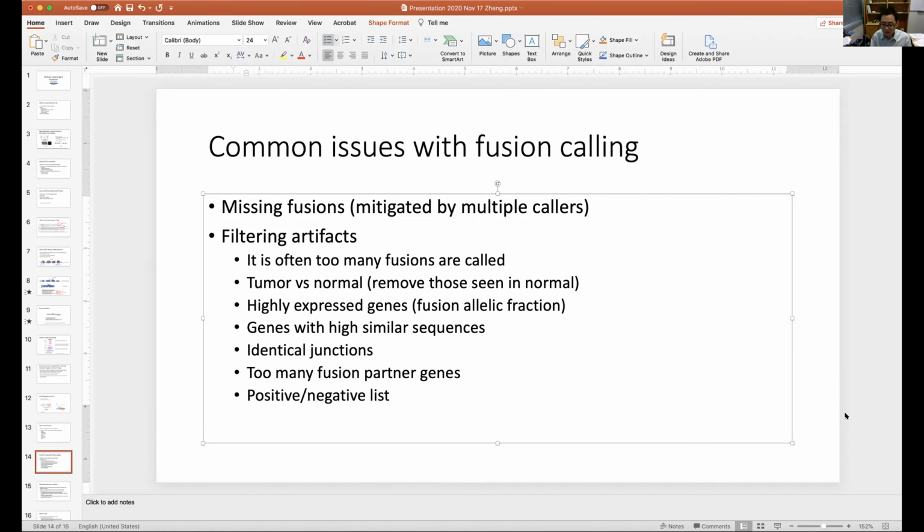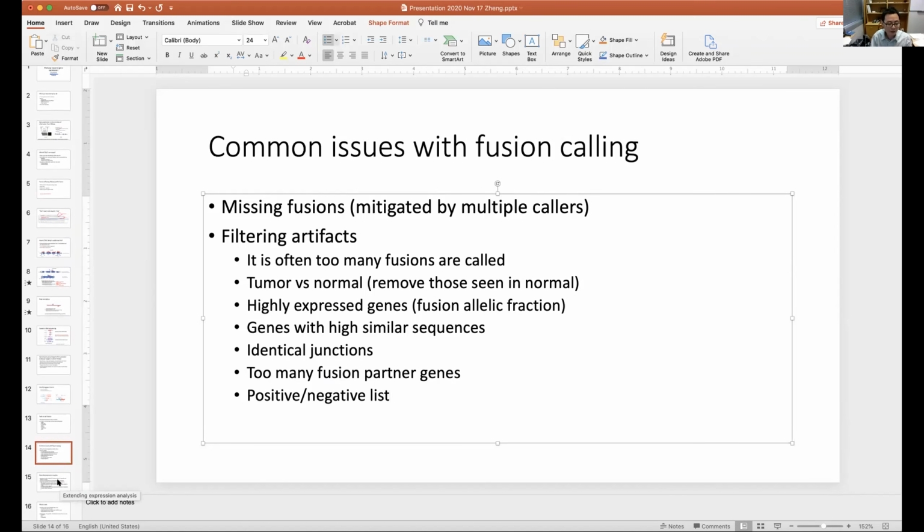The positive fusion list are the known fusions that by no means should be removed from your fusion list. The negative list includes the fusions that we know are not real. So even if they survive all your filters, we remove such fusions from our results. So this is really the last thing we use, called positive and negative fusion list.